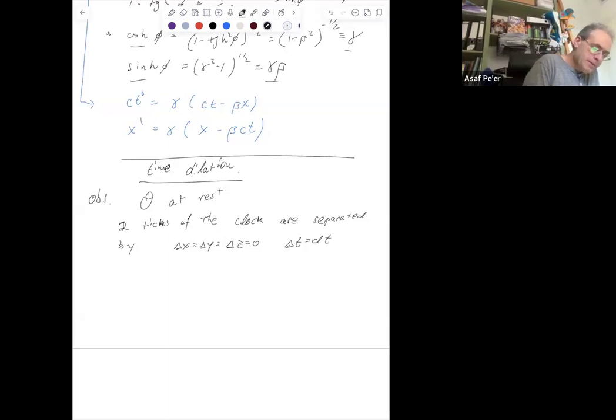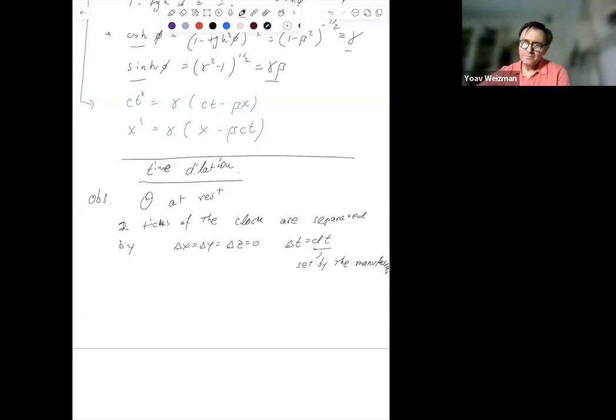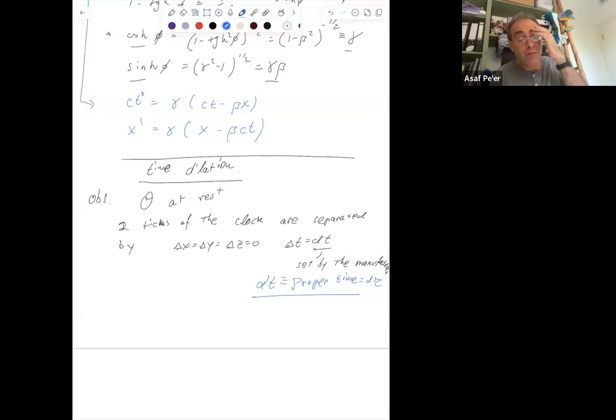This is set by the manufacturer. And it has a name because it's quite important. You have heard it: proper. This is called the proper time, and often it is denoted by d tau.